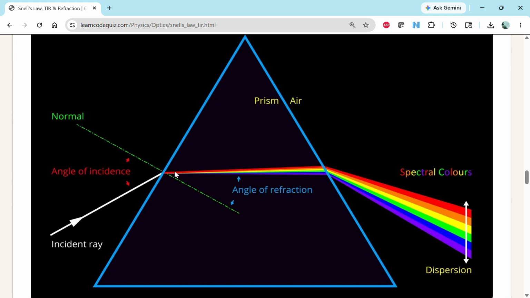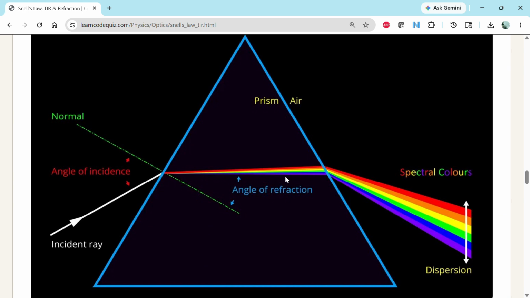Why is the red color on the top? And the reason is that each color of light has a different refractive index. It has a different speed at which it flows through this prism medium. And red light has a higher wavelength. Red is around 700 nanometers.